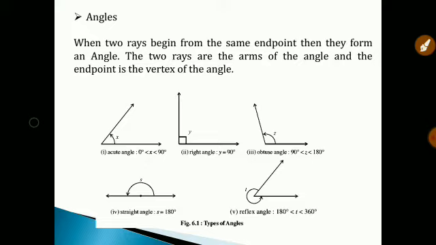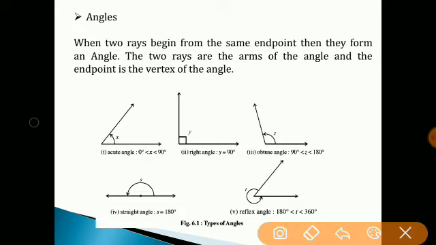Angles. When two rays begin from the same endpoint, then they form an angle. The two rays are the arms of the angle and the endpoint is the vertex of the angle. We can see different types of angles here.